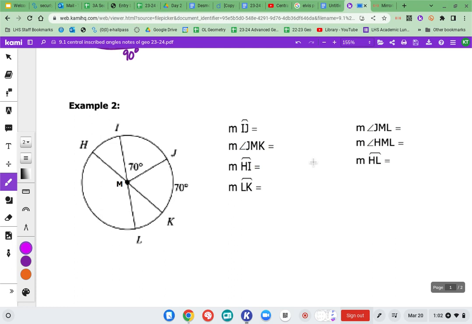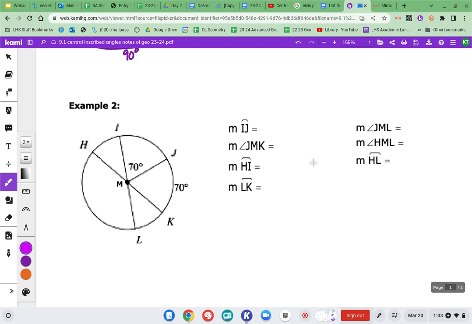So you would add up 62, 70, 70, and 62 to find this angle right here. So this angle would be 118. Where'd you find that? 180 minus 62.